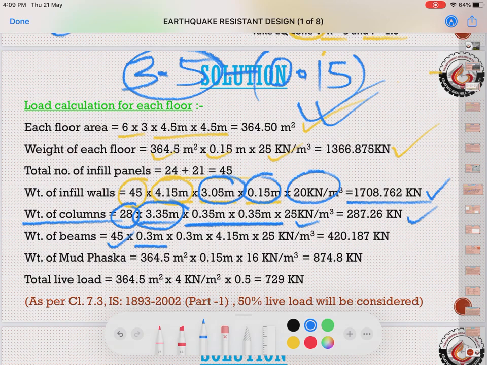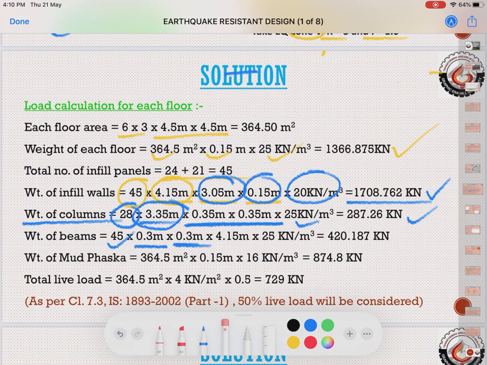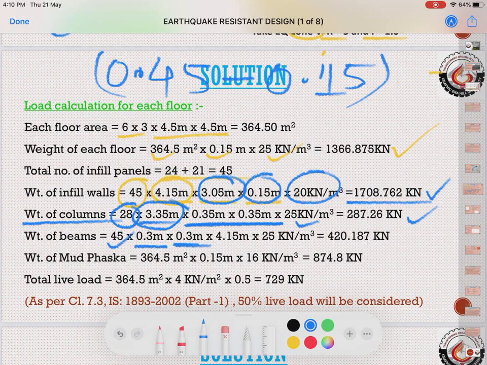Then comes the total self weight of beams. There are 45 beams, and this is the thickness of the beam, and this is the depth of the beam. Why is the depth of the beam 0.3 meter? Because the depth of the beam was actually 0.45 meter, but 0.15 meter was already covered in the slab, so we have reduced it here.